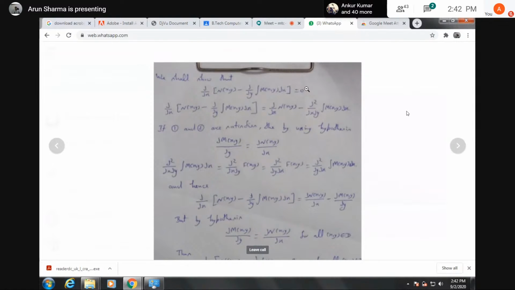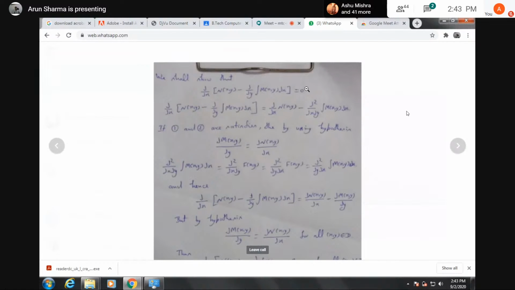Since we have to find out that function f, we will go back basically. To go back, we shall first show that ∂/∂x of N(x,y) minus ∂/∂y of the integration of M(x,y) dx equals 0. So what is the meaning of this?